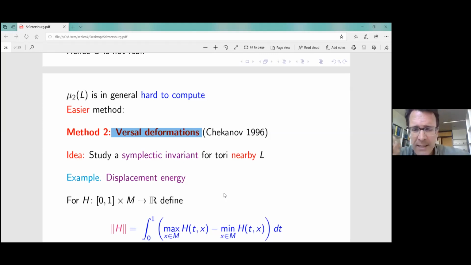So the idea is that these monotone Lagrangian tori usually have symplectic invariants that are not very useful. Certain ones are infinity, and certain ones are very hard to compute, and others are always 2, like the minimal Maslov, and so on. So the idea of Chekhanov is to compute invariants not at the Lagrangian, like we did before, the J-disk count, but at the neighbors, at nearby Lagrangians.